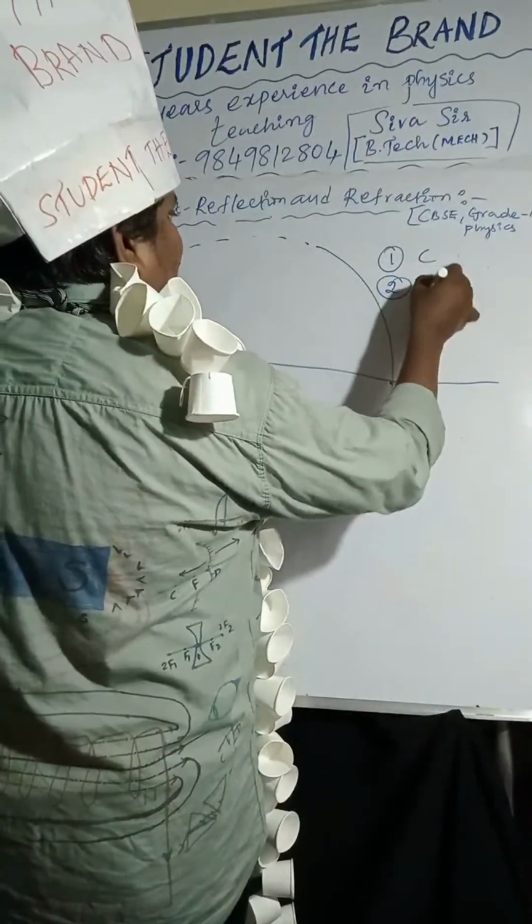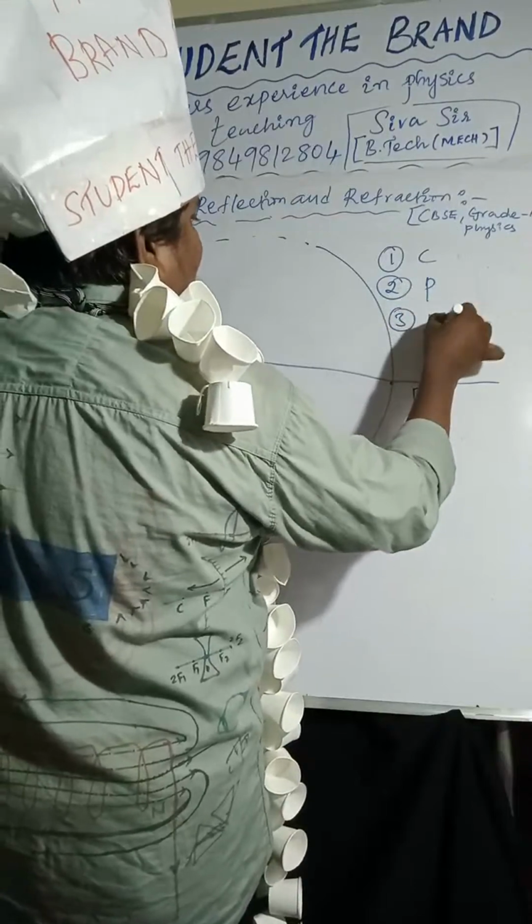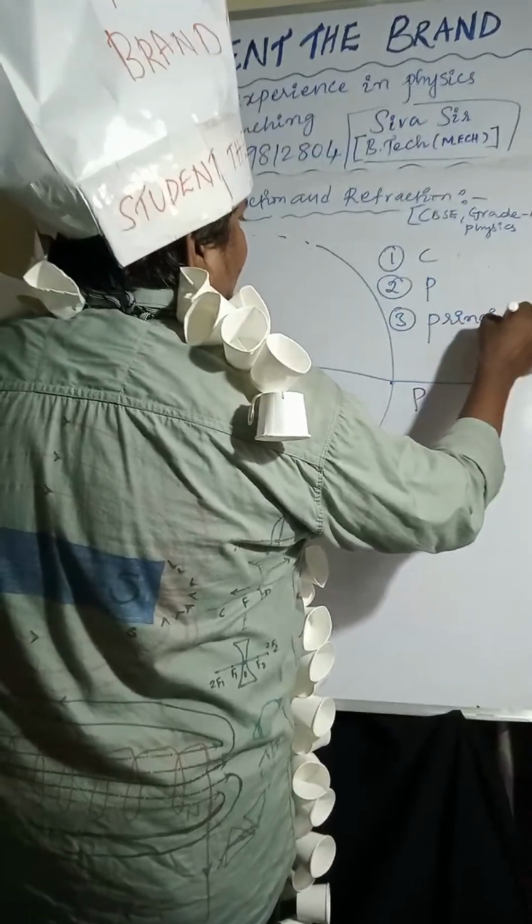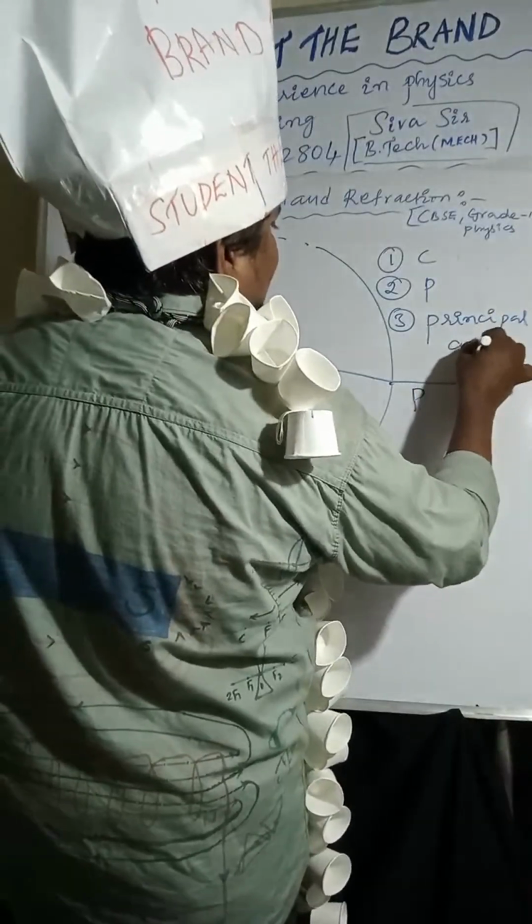So first the center of curvature, then the pole, and the third one is the principal axis.